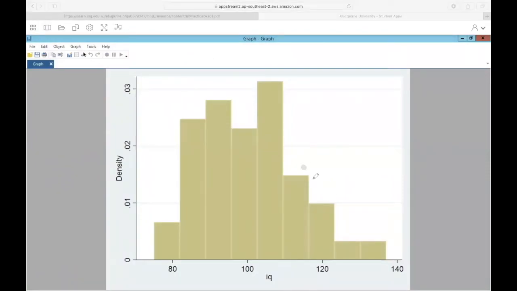We see there's definitely a positive skew, and there's also a fair bit of data in the tails suggesting a platykurtic distribution. Now let's do the same thing with our two other numeric variables.